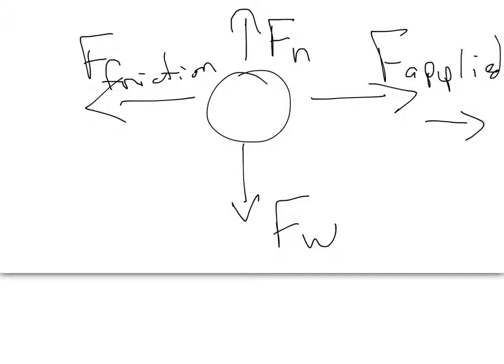So the weight goes down, the normal force goes up. The normal force basically cancels out the weight because it's the same force going upwards. If you look at a ball on a table as it rolls, it's not going down and it's not going up. We know the weight is pulling down, while the table's pushing back up on it with the same amount. You're applying a force this way, but there's a frictional force that slows it down the other way. That's why a ball will slow down whenever it's rolled.